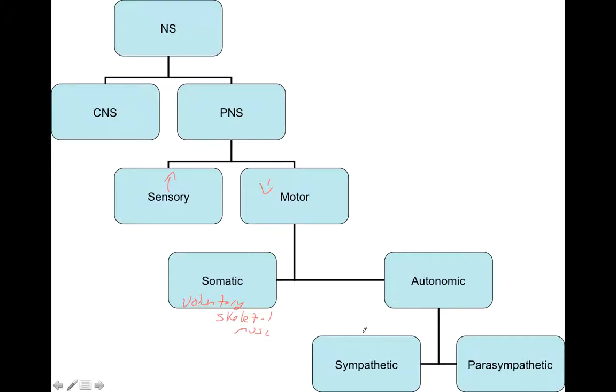And that's broken down into the sympathetic and the parasympathetic. These sympathetic and parasympathetic nervous systems function in our fight or flight.